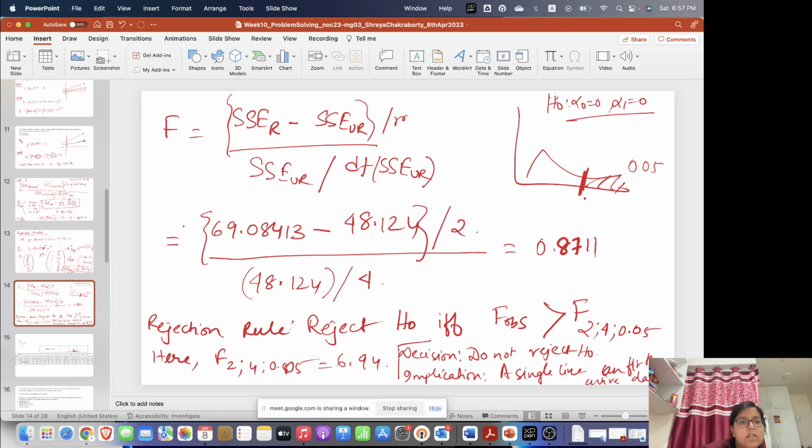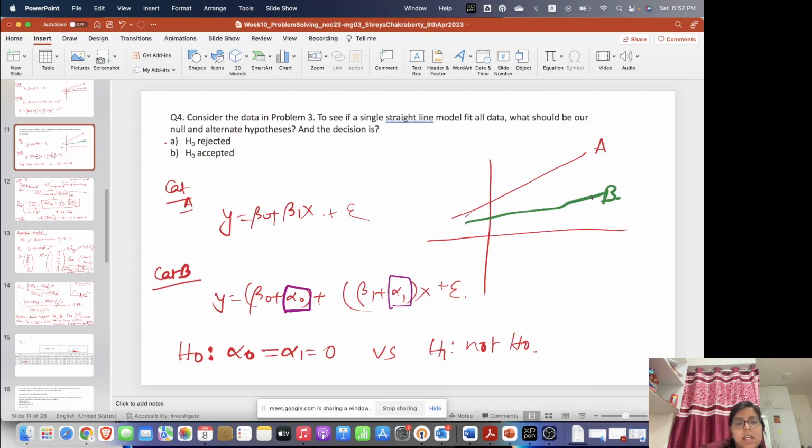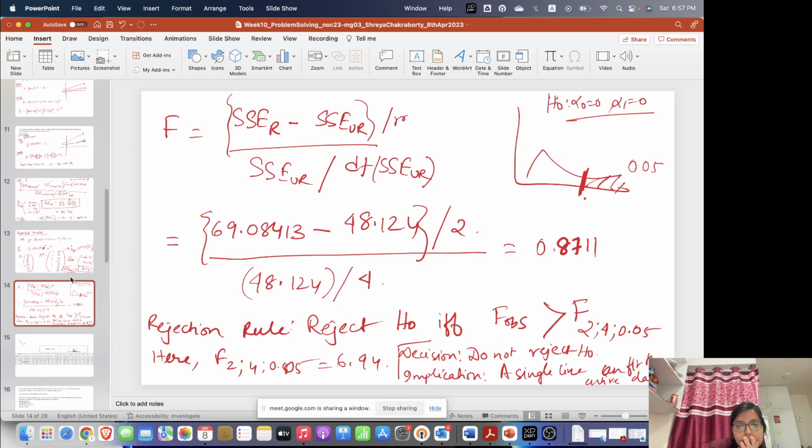So H naught is accepted in some sense, like fail to reject it should be. Just remember, accept is fail to reject. This is more appropriate. So yes, a single straight line model is enough to fit the data corresponding to two categories.